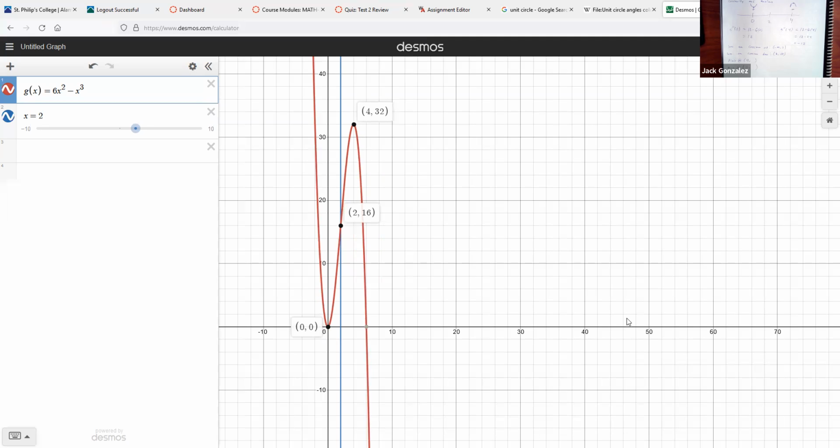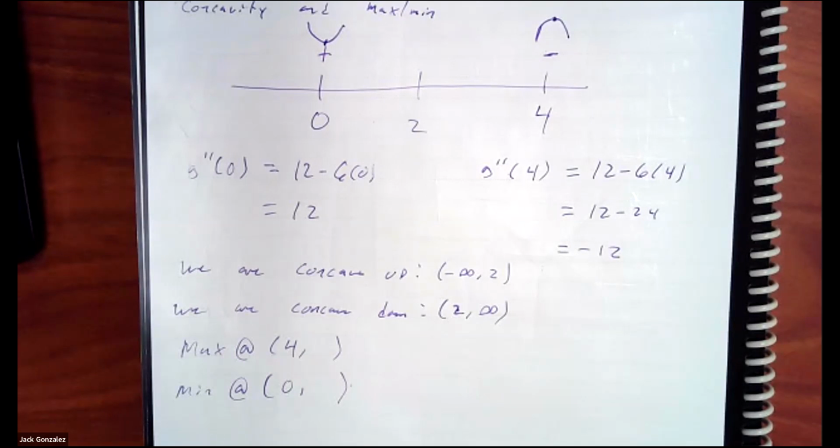Let's see, what did you say? So when you said negative infinity to 2? Yeah, it's negative infinity to 2, concave up, opening upward.